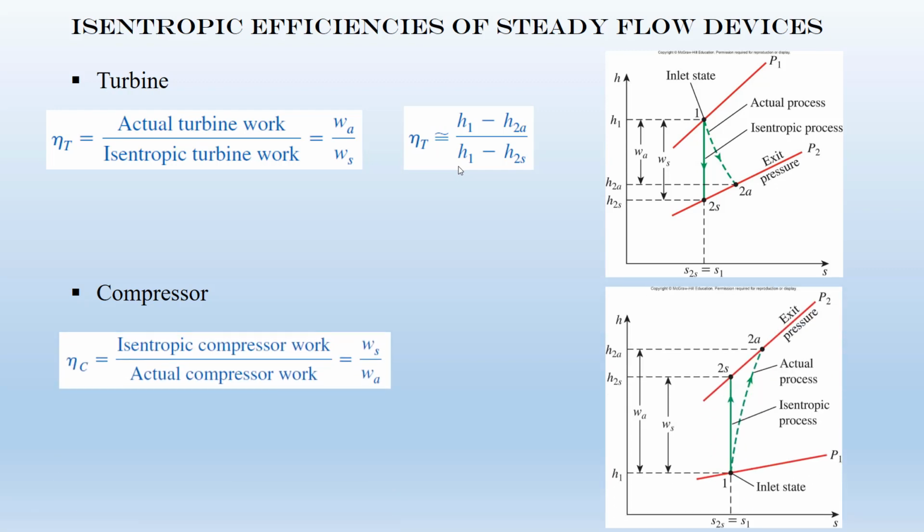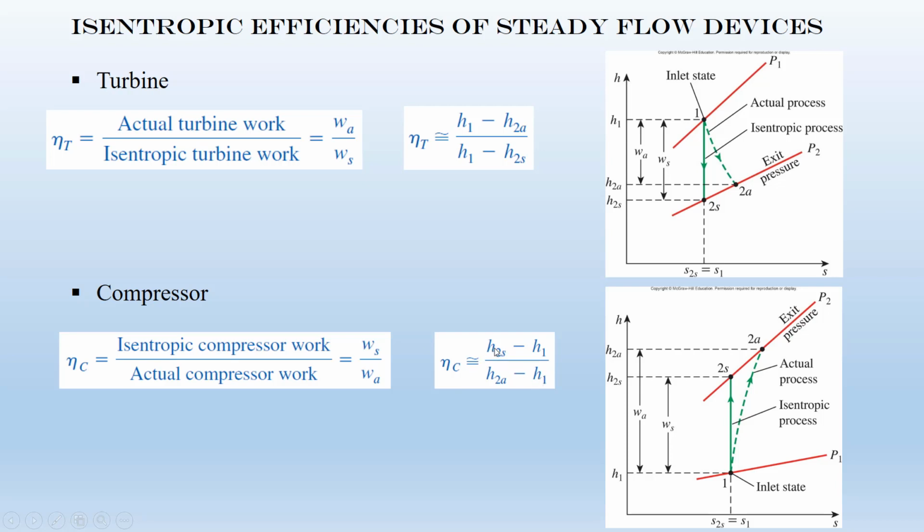So for the compressor, based on the definition, the isentropic efficiency equals the isentropic work over actual work. Or by using the enthalpies, you can write the isentropic efficiency of the compressor is H2S minus H1 over H2A minus H1.